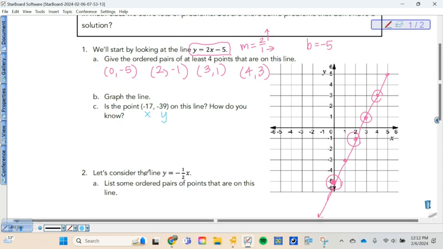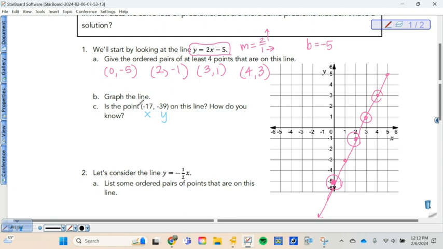What were you going to say, Hayden? You could take the farthest point on the graph and then just add by each 2. So x changes by 1 and y changes by 2. So you could just keep adding or subtracting. Yeah, you could do that, but that probably is going to take a long time, isn't it?